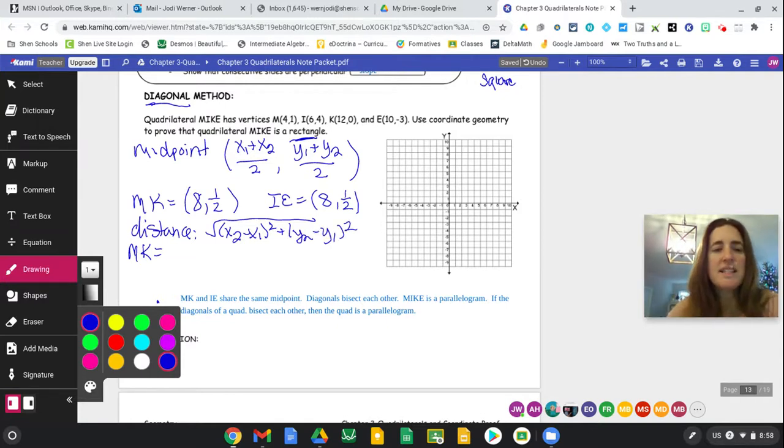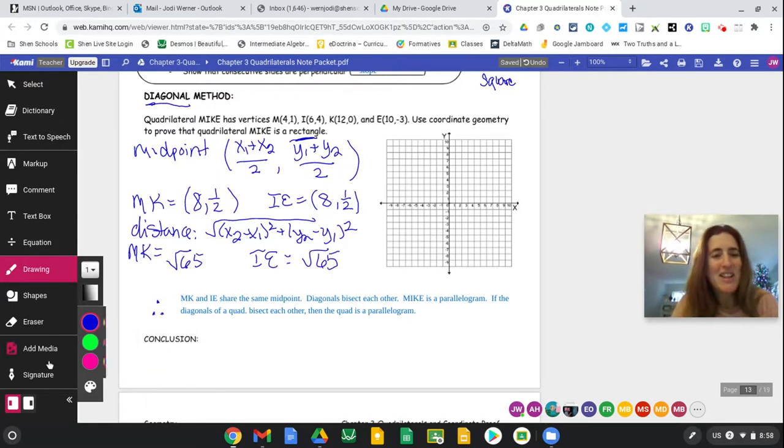And when I do my distance of M to K, it comes out to be radical 65. And if I did my distance from I to E, it also comes out to be radical 65. And sure enough, that's exciting, because that means that the diagonals actually are equal in length.